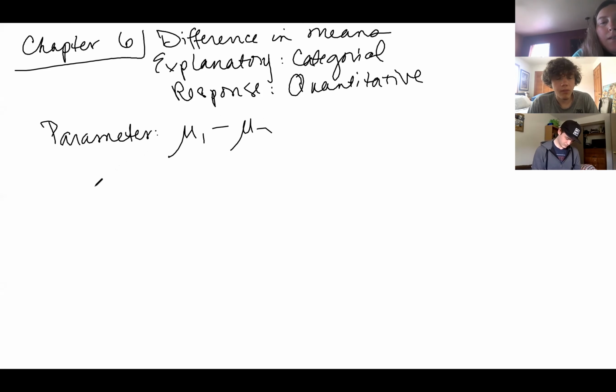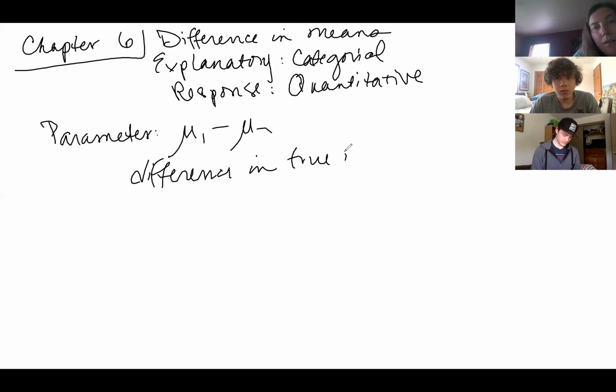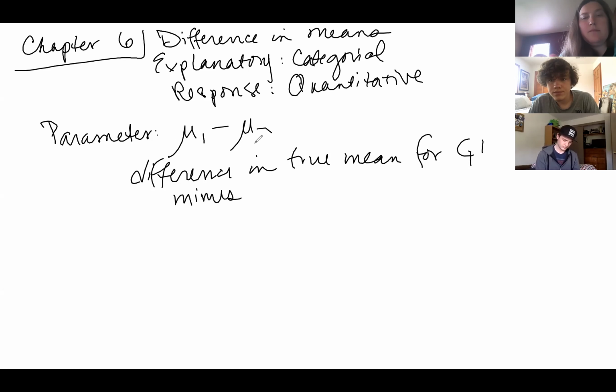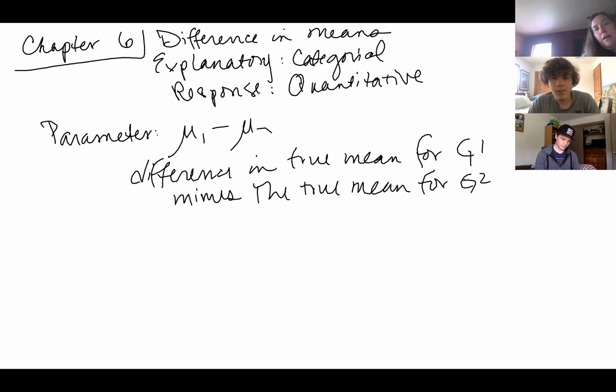So if we think about our parameter of interest, it is looking at the difference in true mean for group 1 minus the true mean for group 2. Okay, thinking about what we're studying.